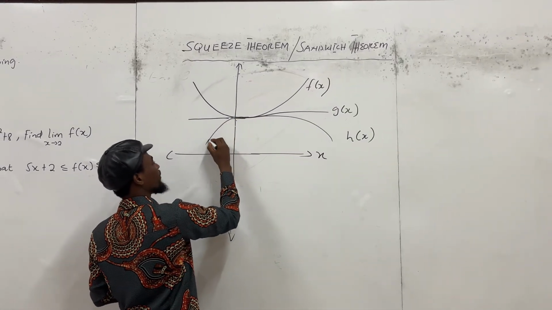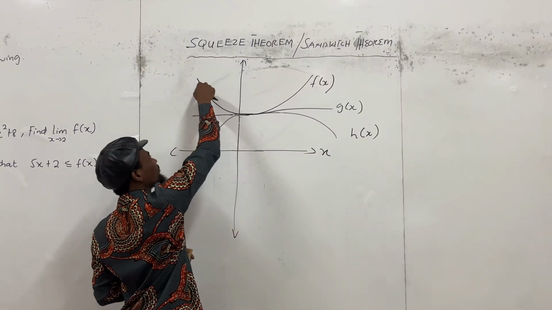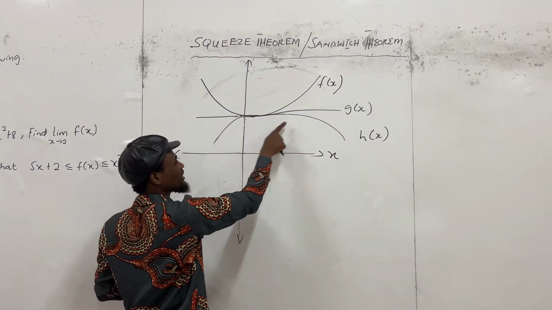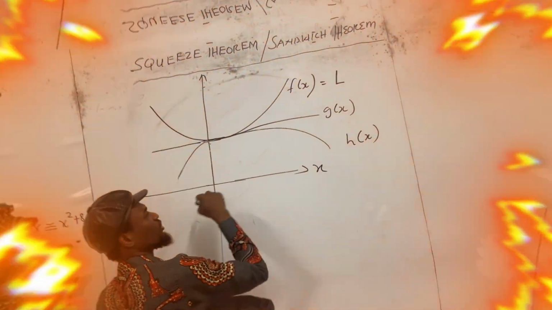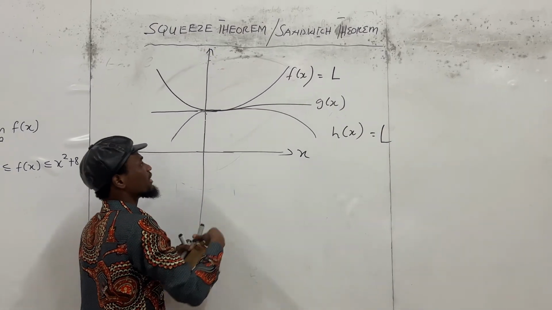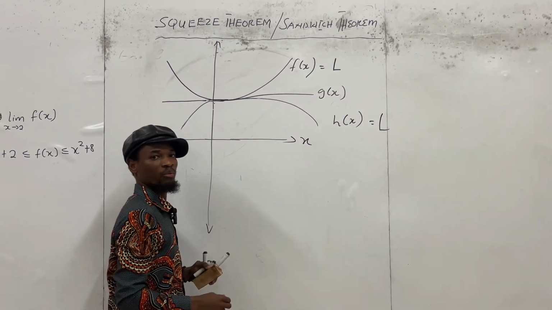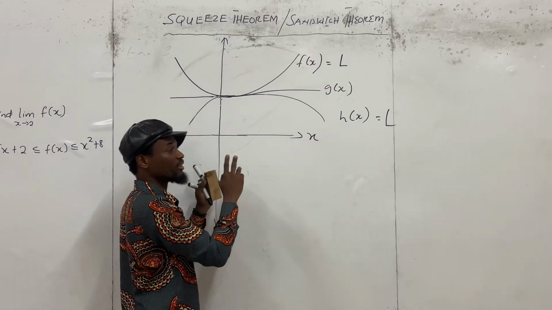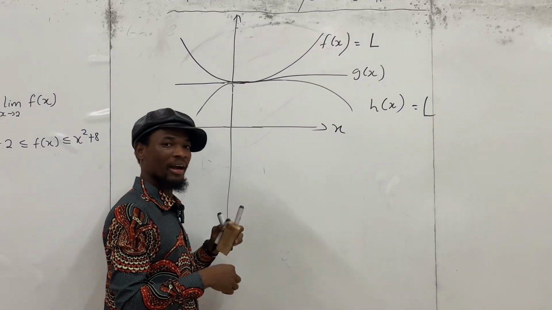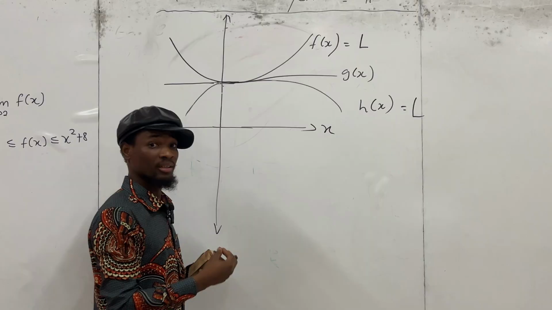So you have this function which is h of x, and you have this function which is f of x, and you have a middle function, g of x, which also tends to another value called L. Now the middle function will assume those values. Do you get that? Yes. So that is the concept behind this. I will throw more light on this with examples, that's questions to appreciate this.